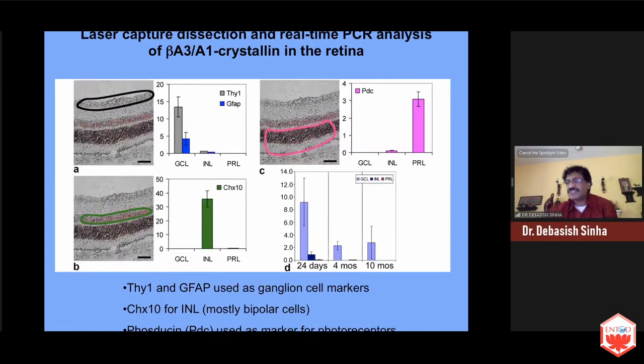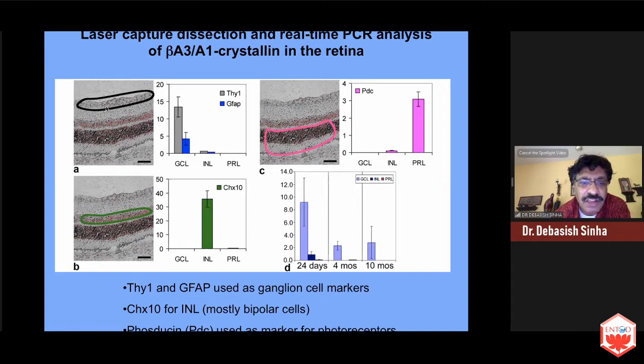So since we identified the crystallin mutation, the retina showed a lot of abnormalities, although it's a lens-specific gene, which interested us, and we wanted to see in the neuronal retina, where is it expressed? And for that, we did a technique which is known as laser capture dissection.